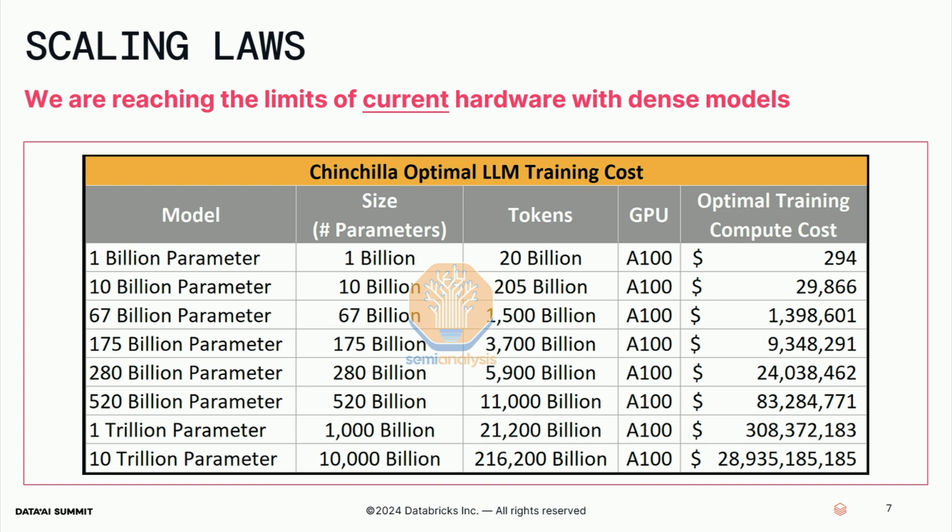The order of magnitude of scaling, the power required, the number of GPUs necessary, the size of the model, this is all rapidly increasing. And so I know we have new hardware coming, and I know there's a number of people working on this problem, but we still need systems that can take smaller, cheaper, more nimble models that we currently have and find a way to leverage them to optimize results.